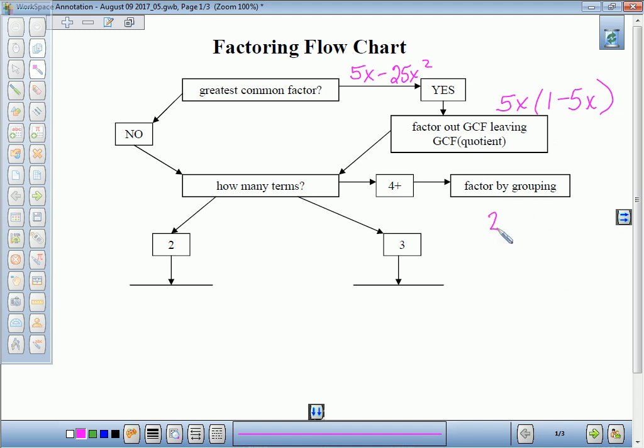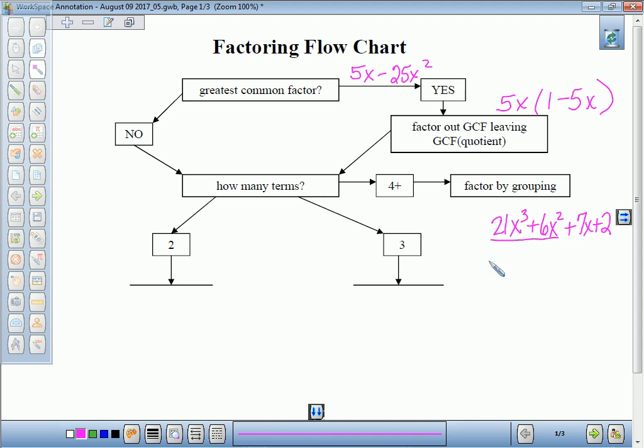Let's say we had 21x to the third plus 6x squared plus 7x plus 2. This is a 4-term expression, and we would look at the first 2 terms.